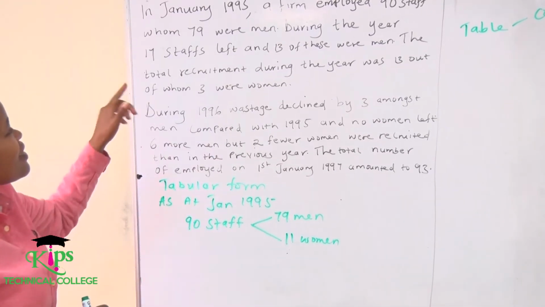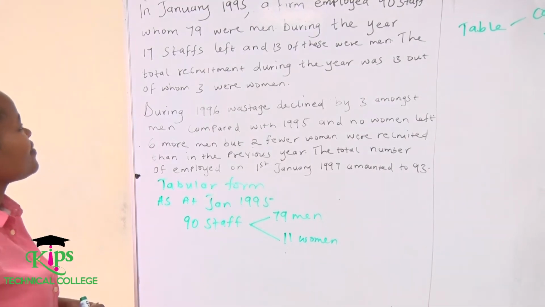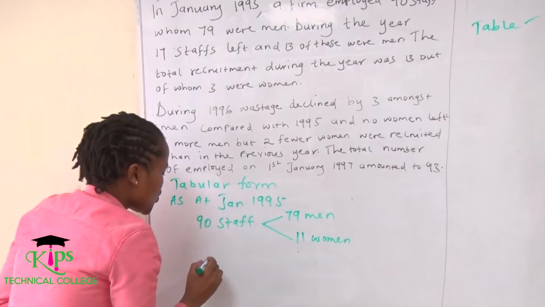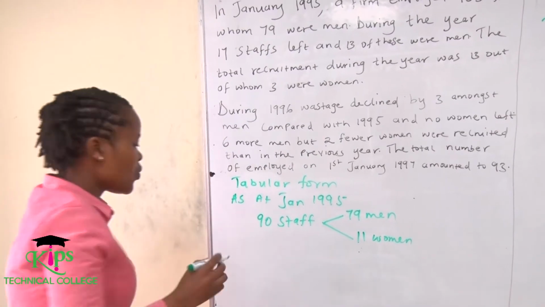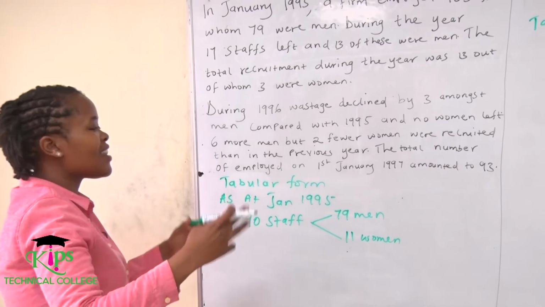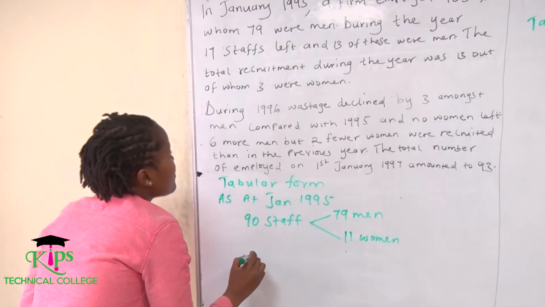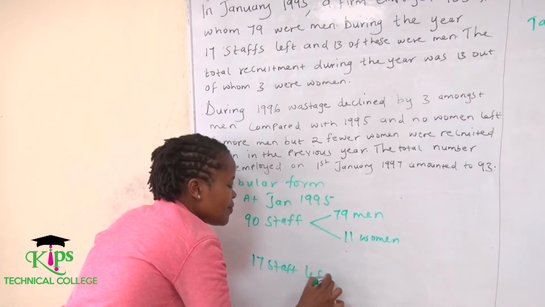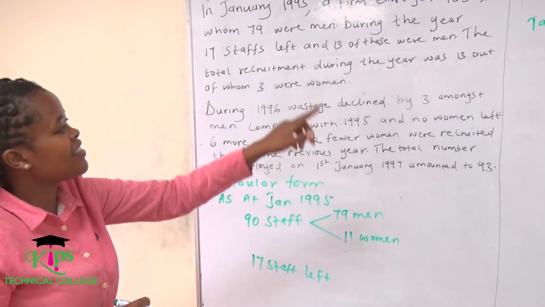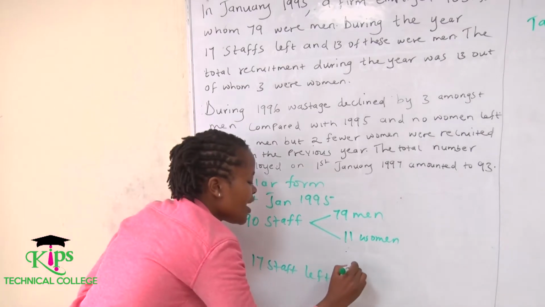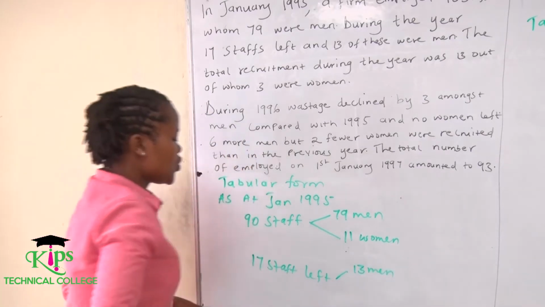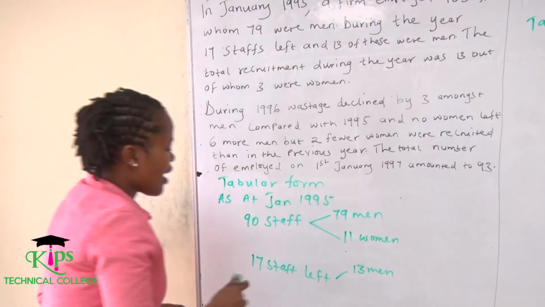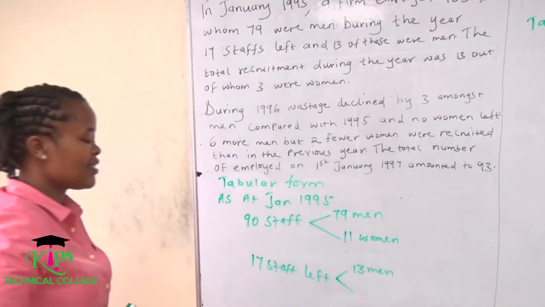Then, during the same year, 17 staff left. So we have another concern, whereby we have staff who are leaving the company. 17 staff left, and 13 of these were men. So if 13 men left, how many women left, since the total is 17?